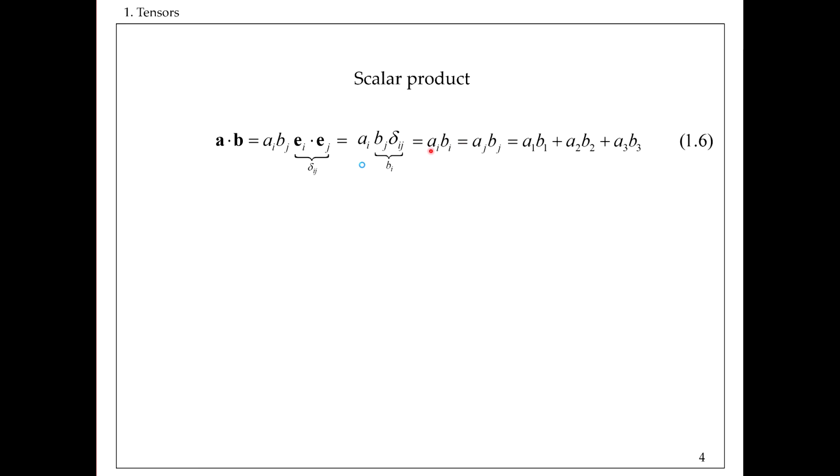But in a way we could also do exactly the same here. If we notice that delta has the same index as i here in a, we can say delta will act on a and replace i with j, the one that was free in this combination of a and delta, and so then we'll have a_j b_j.